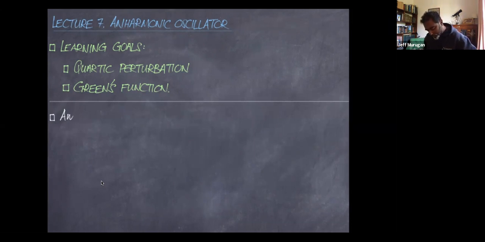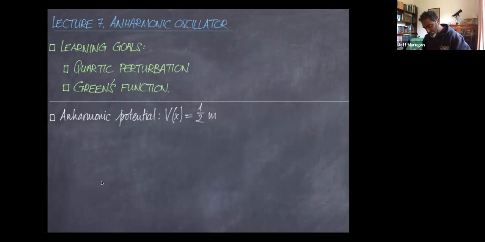The anharmonic oscillator, well, the standard anharmonic oscillator is specified by a potential, which is given by V of x equal to one half m omega squared x squared plus lambda over 4 factorial x to the 4, where m is the mass of the oscillator and omega its natural frequency.